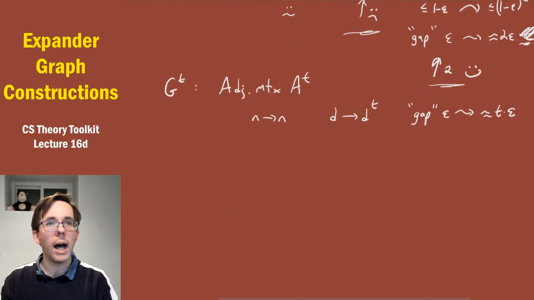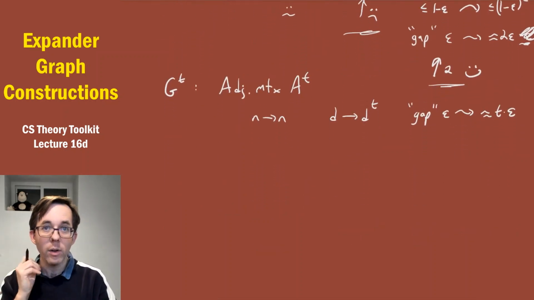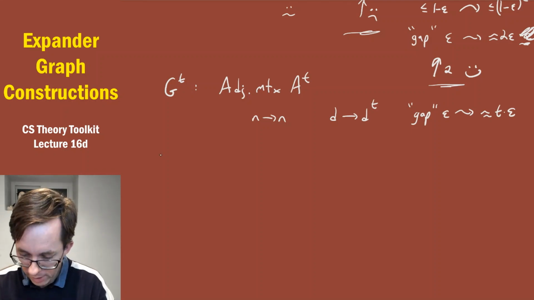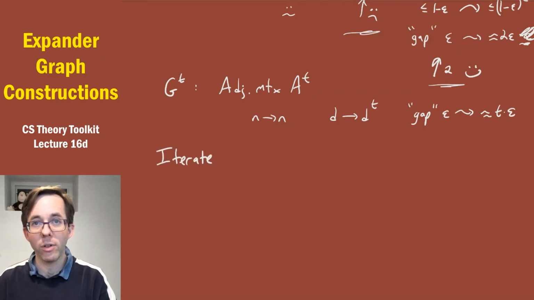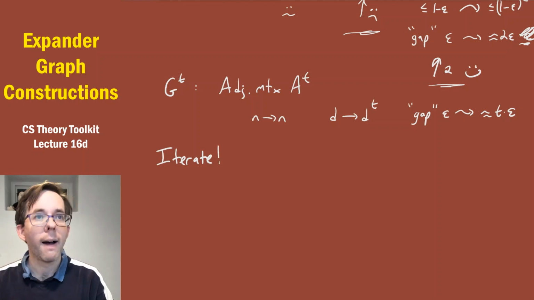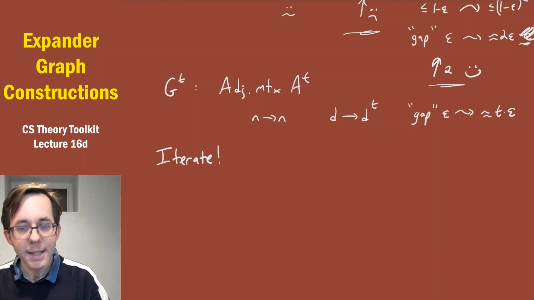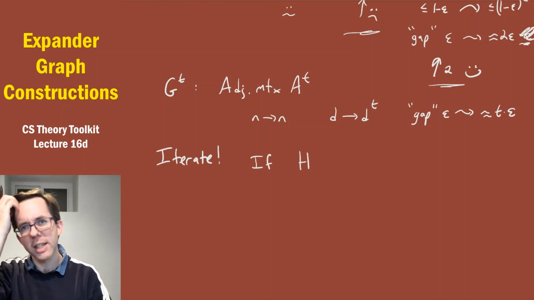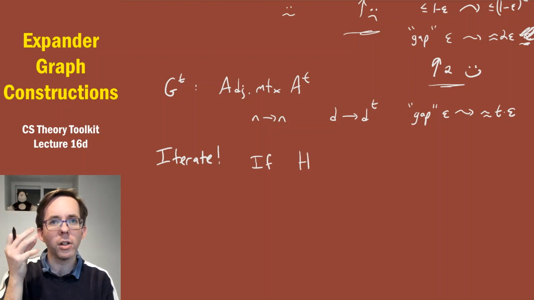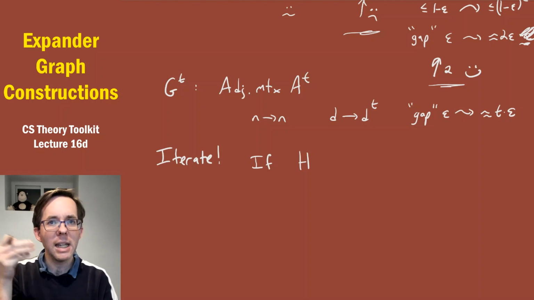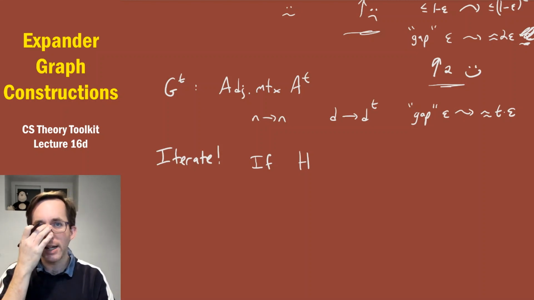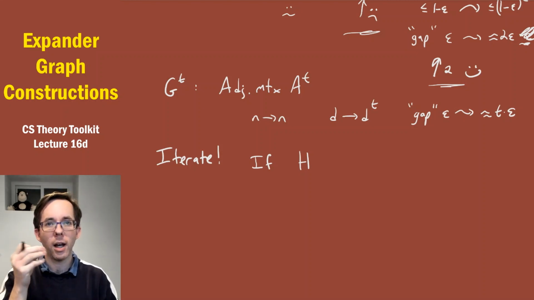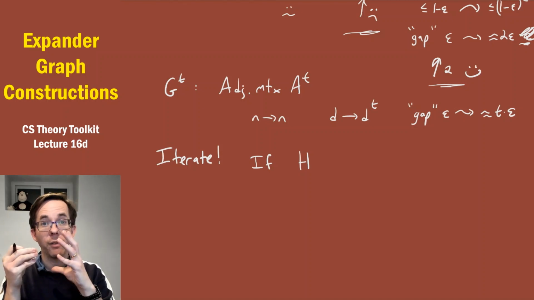So you can now iterate this, as I said. How does this iteration work? I'm just sketching things here, but perhaps the full details will be on the homework. Let's say H is this small expander graph that you start with at the beginning and keep using over and over again as your replacement product friend, and G is a graph that's getting bigger and bigger.